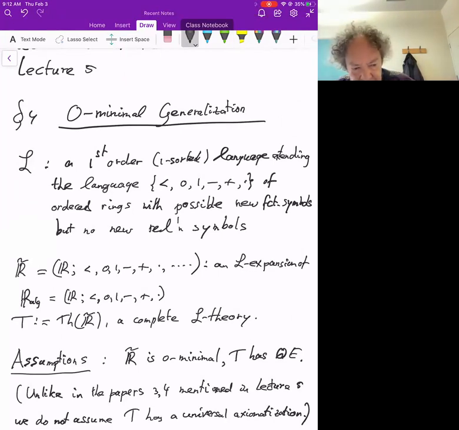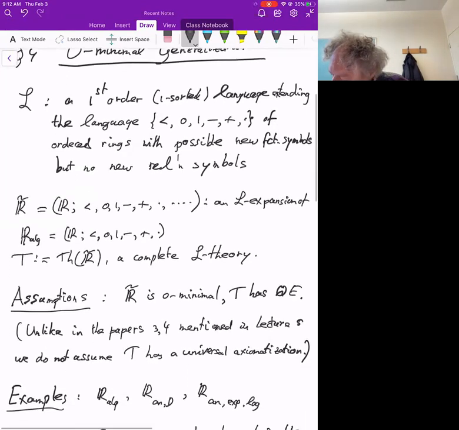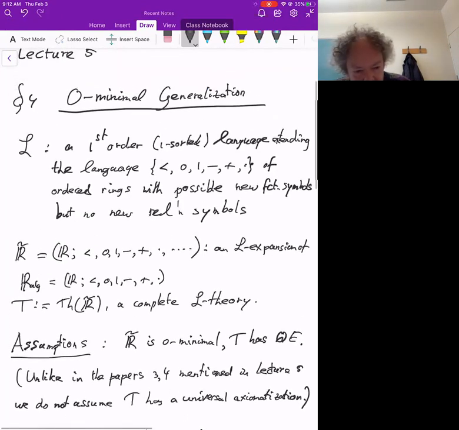R is my notation for the ordered field of real numbers. And then I let T be the theory of R tilde, which is a complete L-theory. And I make two assumptions, namely that R tilde is O-minimal and that T, the theory of it, has quantifier elimination.